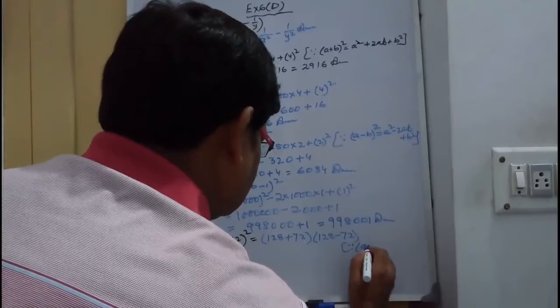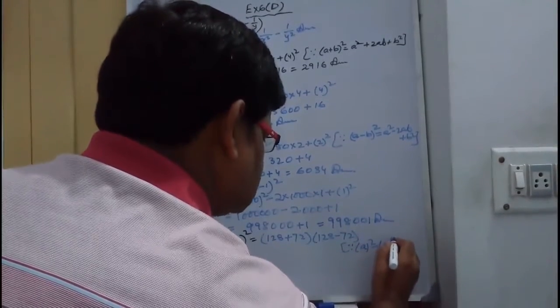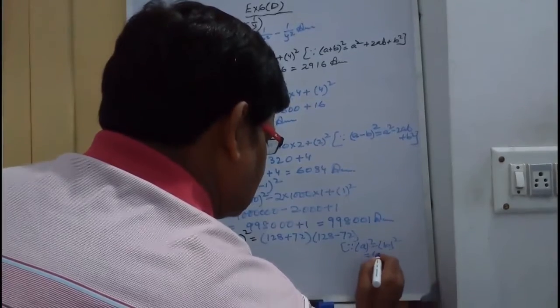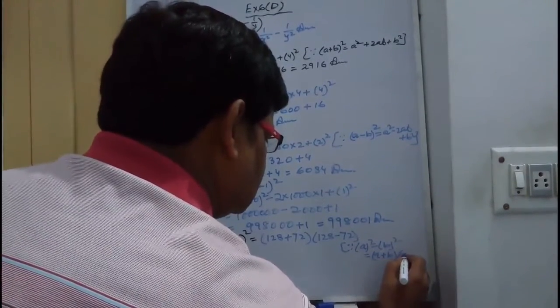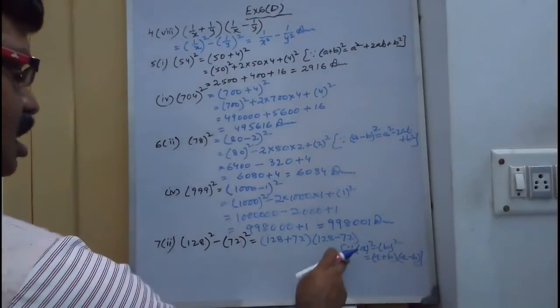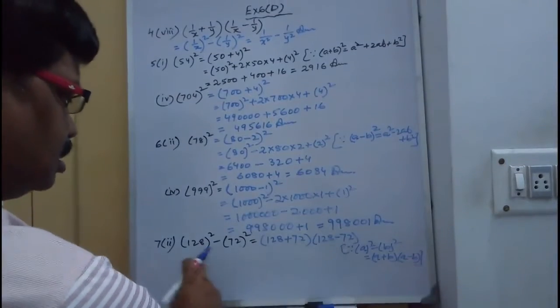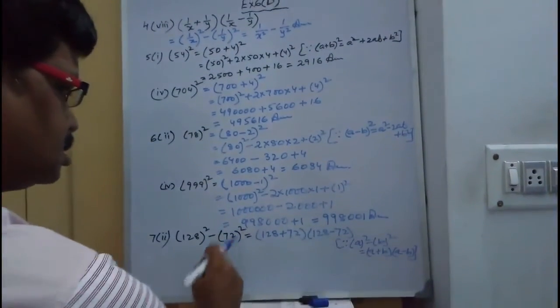A square minus B square equal to (A plus B) into (A minus B). Here in this question A is equal to 128 and B is 72.